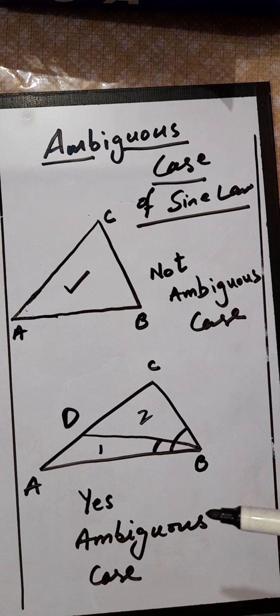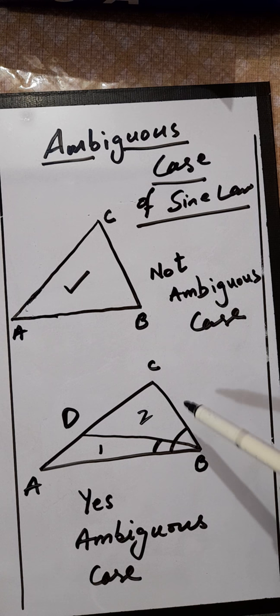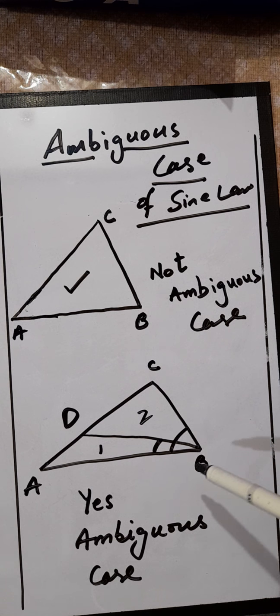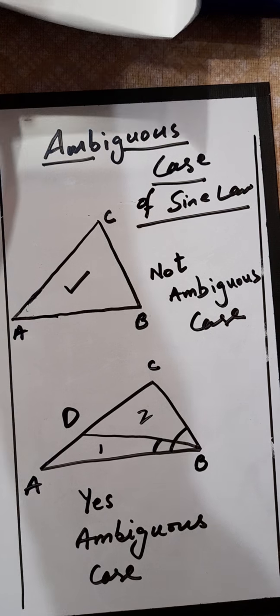Now I will explain through an example how this is possible, how we will get the ambiguous case. So let's do one or two examples to clear this concept of ambiguous case.